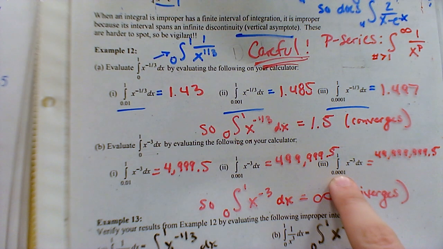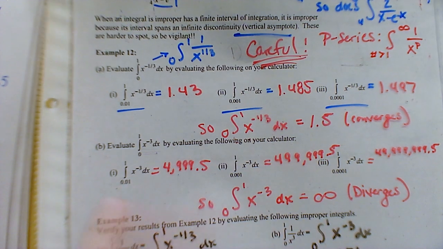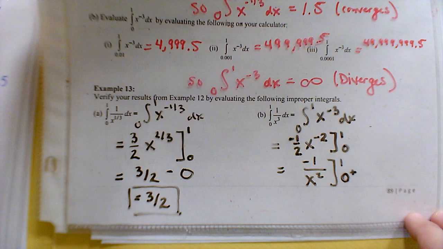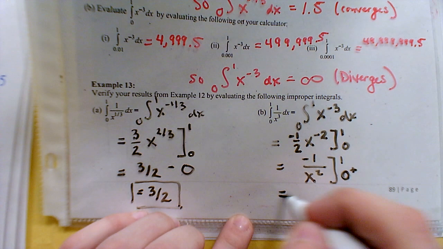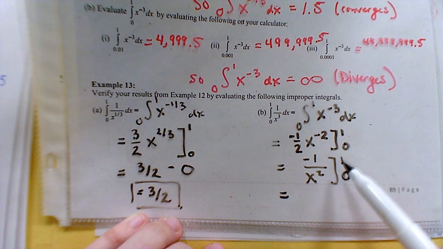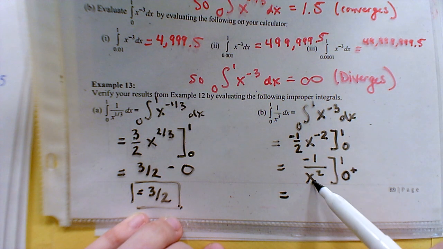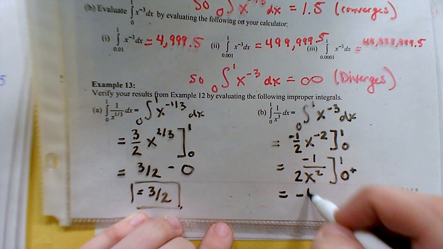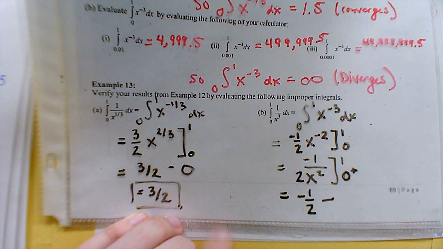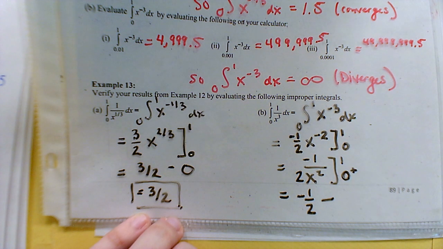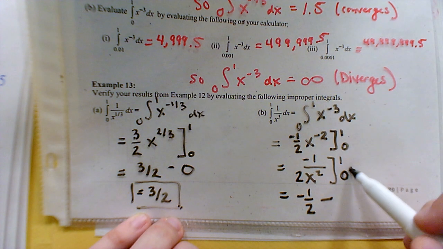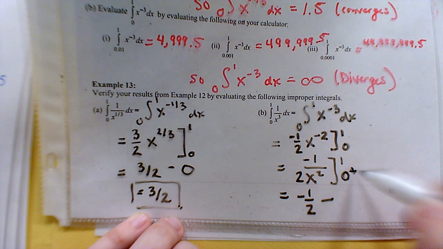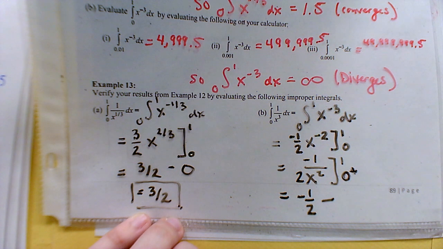If we tried to plug in something really, really close to 0, what would it be acting like? Okay, but we won't worry about that just yet, because we'll go ahead and plug in 1 first, our top bound. If you plug in 1, I forgot the 2 down there, we'll have -1/2, and then we have to subtract what we get if we plug in something really, really, really close to 0 from the right-hand side, like 0.00001.